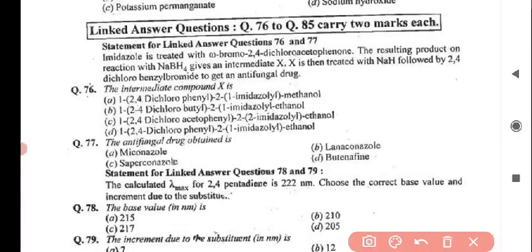Now the question is, the intermediate compound X is, and the correct answer is option number D, that is 1-(2,4-dichlorophenyl)-2-(1-imidazolyl) ethanol. Next question is, the antifungal drug obtained is, and the correct answer is option number A, miconazole.